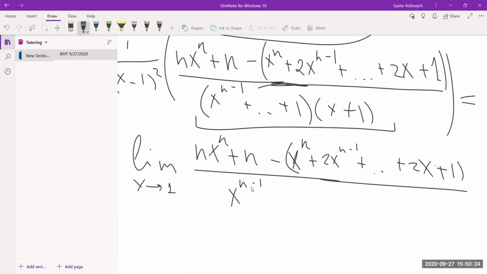Yeah, so we have just (x - 1) squared in the denominator.